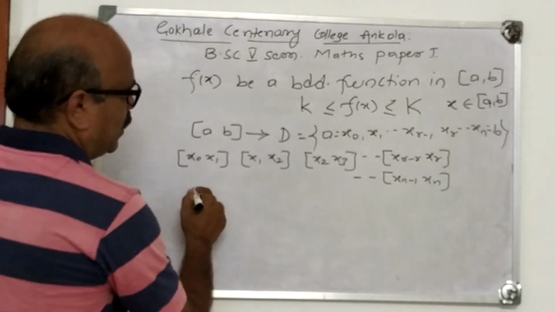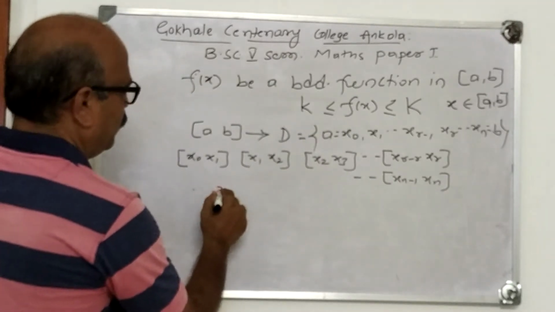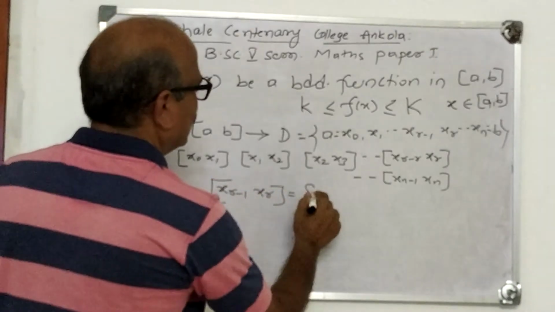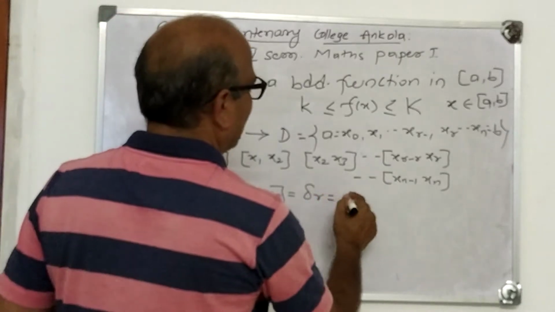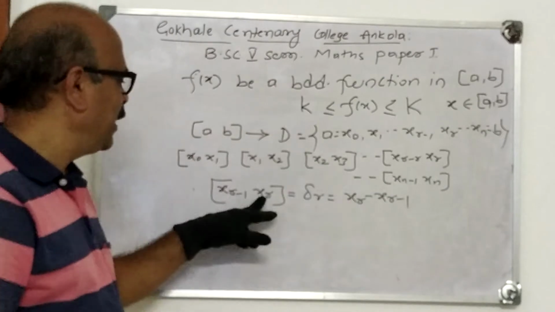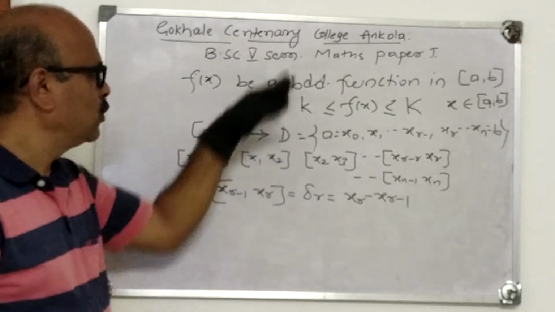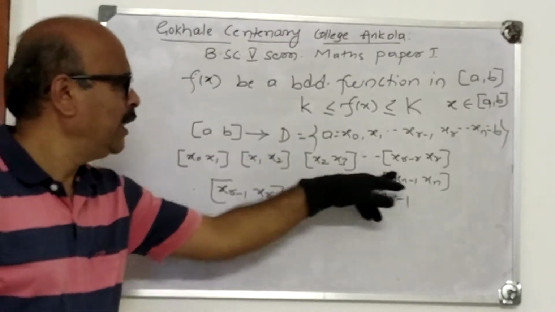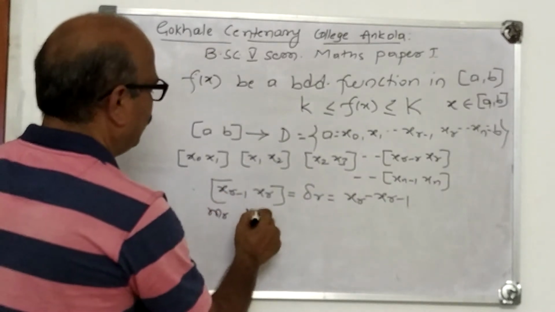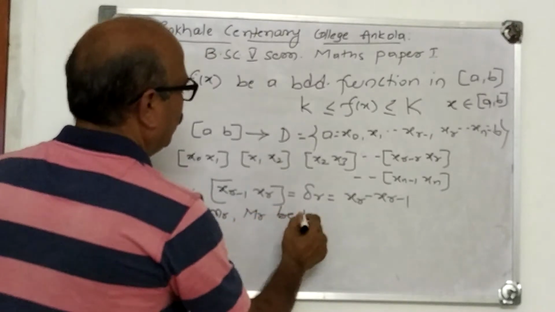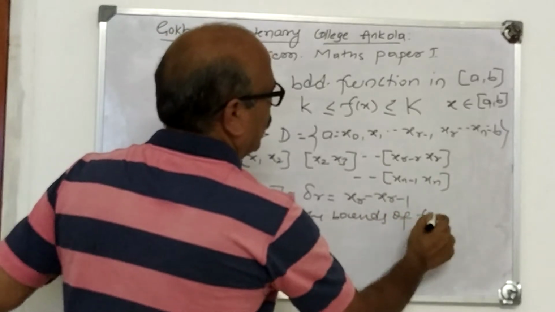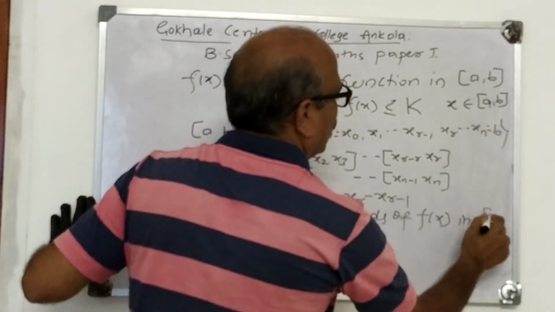Now we take this rth subinterval [x(r-1), xr], which is denoted by delta r, and its length is also denoted by delta r. Now suppose small mr and capital Mr be the bounds of f(x) in delta r.